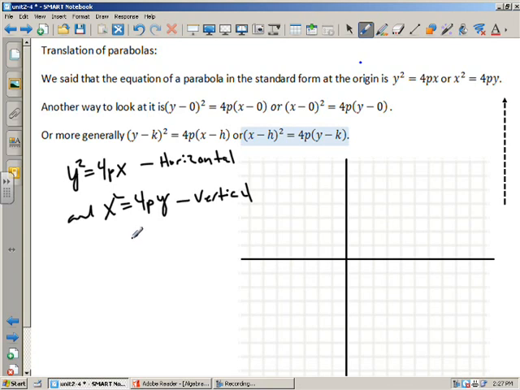Also, you want to look at what your p-value is. If p is positive, then it opens up or right.